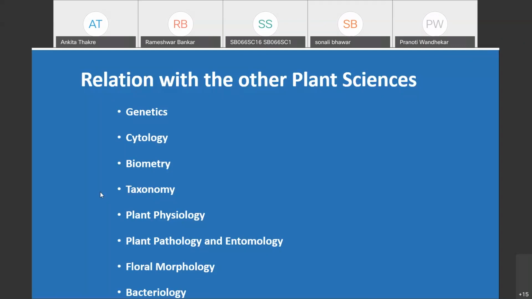It is not important that the plant breeder should have all the knowledge in all these different branches.